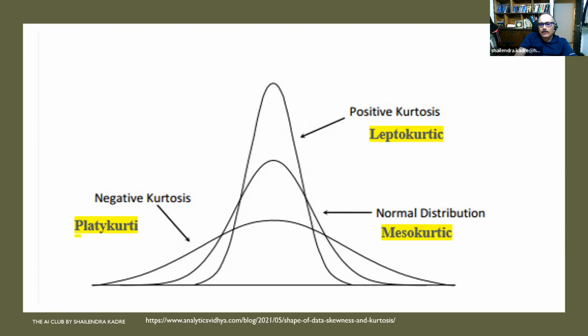That is your normal kurtosis equal to 0. Positive means the peak is abnormally high; negative means it is abnormally flat. In between is the normal curve, with 0 kurtosis.